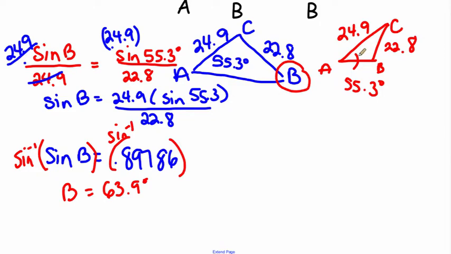But we also have to think about, well, what happens if B is not an acute angle? What if it's this triangle and B is an obtuse angle?